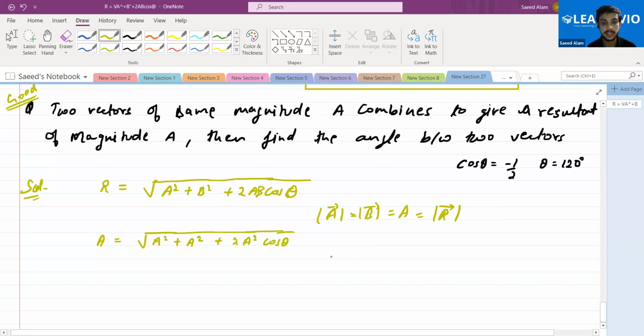Yes. Achha, tell me one thing. If I somehow get to know this theta, do you agree that I can then imagine how those two vectors will be placed? Yes or no?